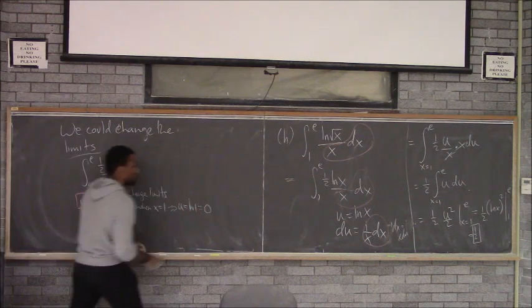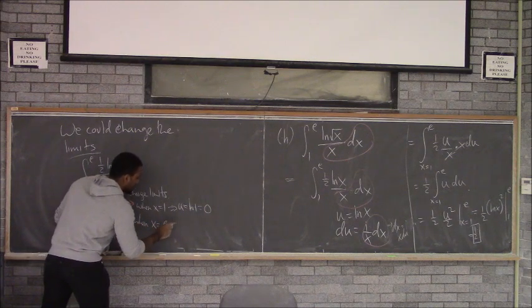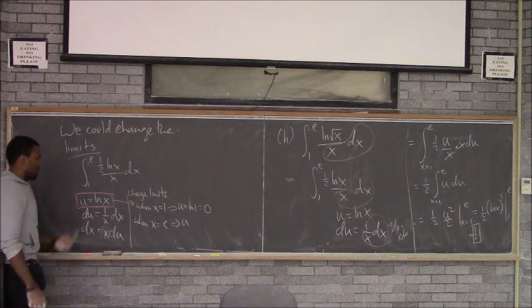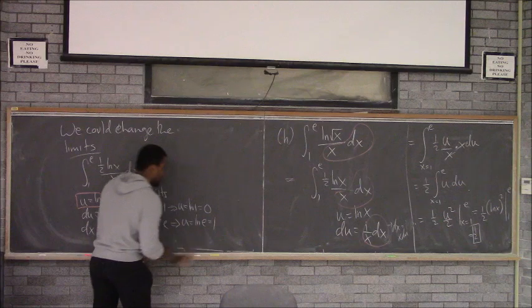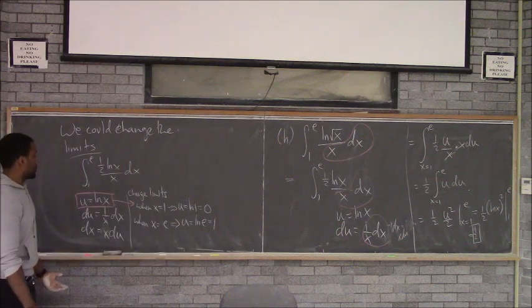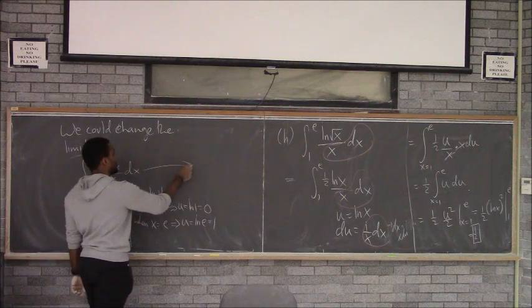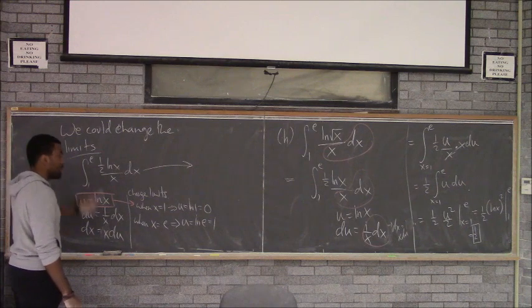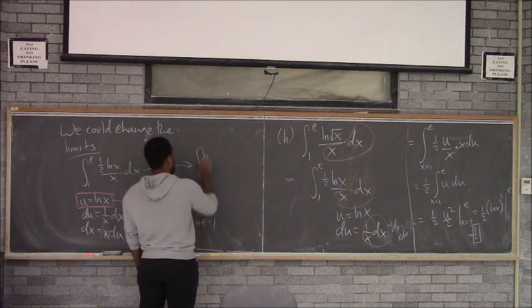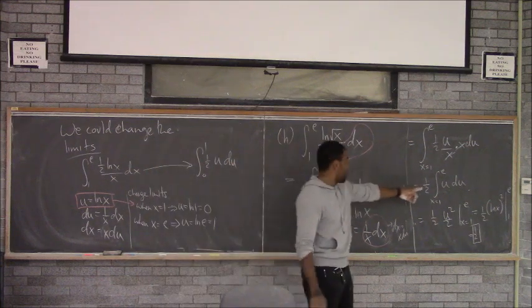So that's going to be 0. And then when x equals e, our u is going to be ln of e, which is 1. So now you can not only replace the x's with u's, you can actually replace the limits themselves. This will be the integral from 0 to 1 of 1/2 u du, right? I can get the same answer this way.